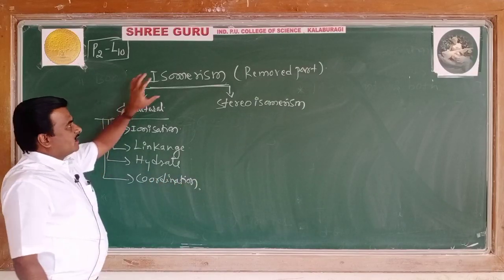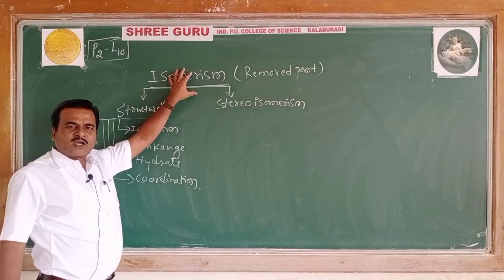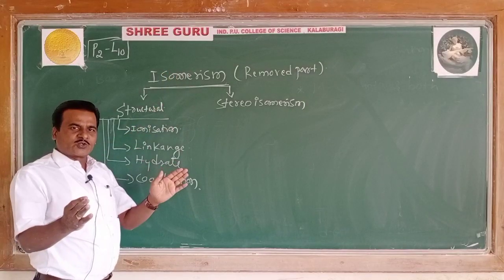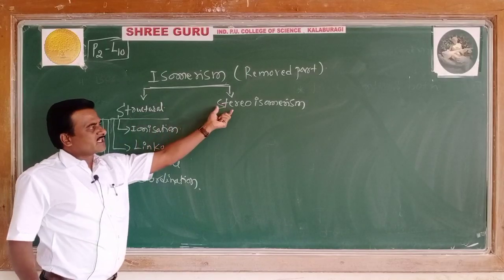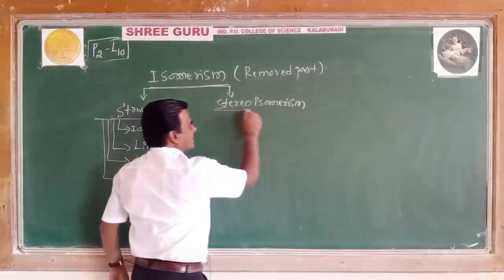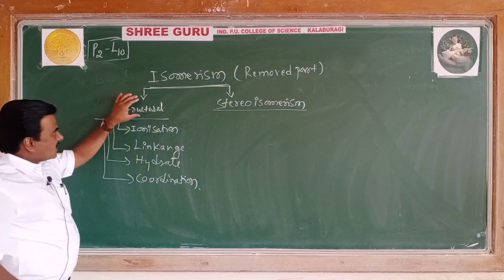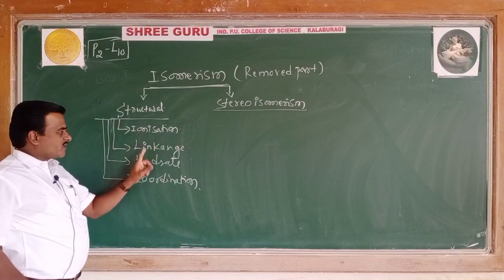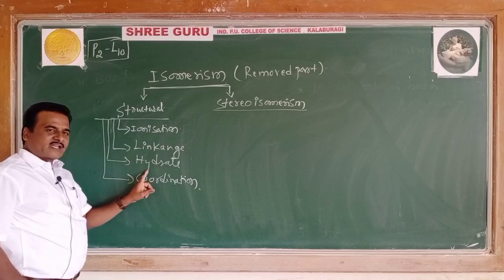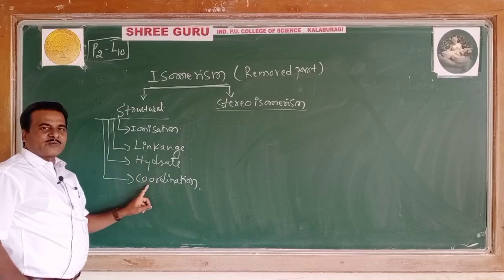I do repeat, mainly the isomerism in the coordination compounds is divided into two types. One is structural isomerism, another is stereoisomerism. From basic idea you come to know. So the structural isomerism further divided into four types: ionization isomerism, linkage isomerism, hydrate isomerism, coordination isomerism.